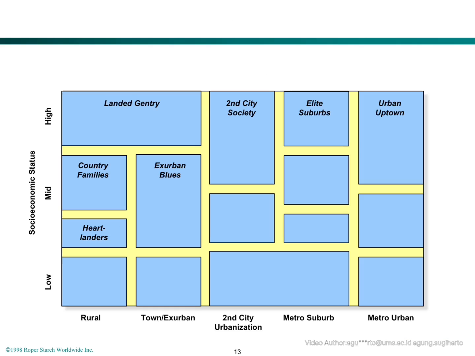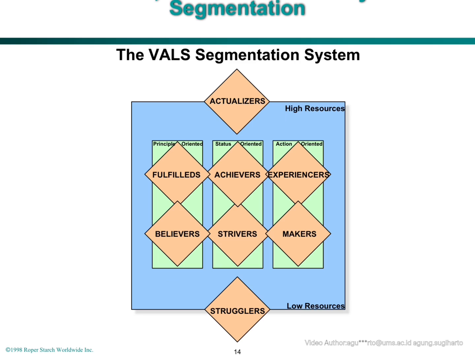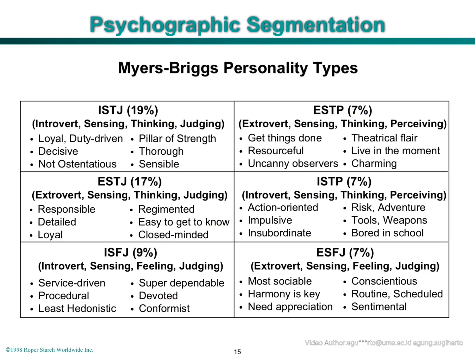Okay, and that is the prison cluster matrix. It's very difficult. Yes, socio-economic segmentation. Okay, we skip this. The VALS segmentation system: fulfillers, achievers, experiencers, makers, strivers, and so on. Yes, we skip this. Okay, it's very difficult to understand.